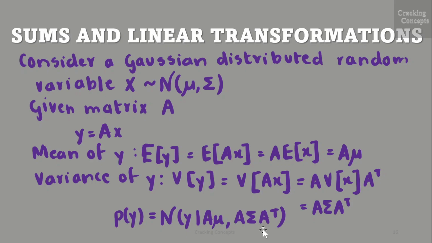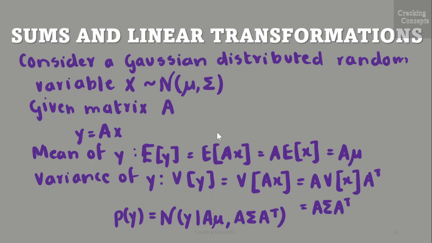Now we'll consider a Gaussian distributed random variable x. It's a normal distribution where mean is mu and variance is sigma. For a given matrix A of appropriate shape, let y be the random variable such that y is equal to Ax, which is a transformed version of x. We can compute the mean of y by exploiting the fact that the expectation is a linear operator. So E of y will be E of Ax, taking out A, A times E of x, which is A mu.